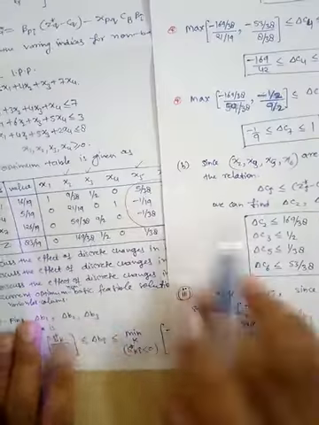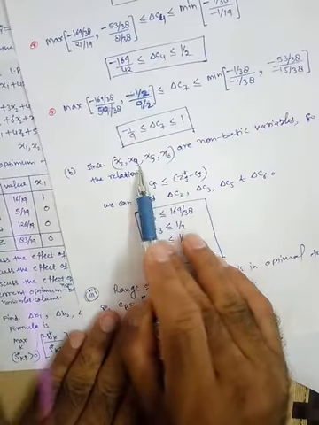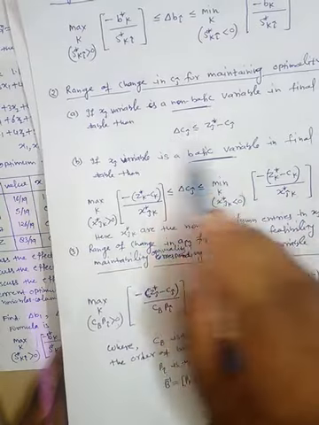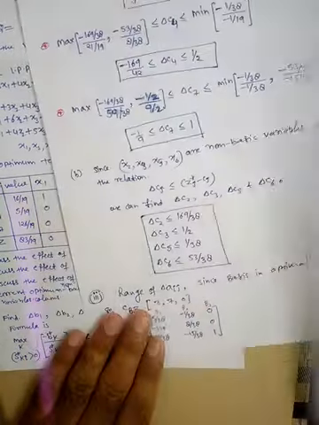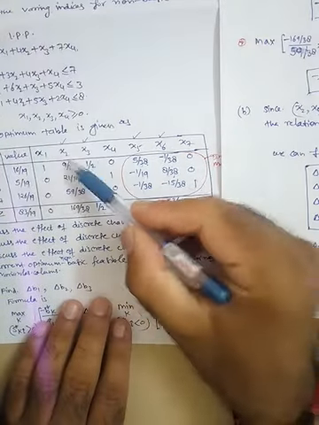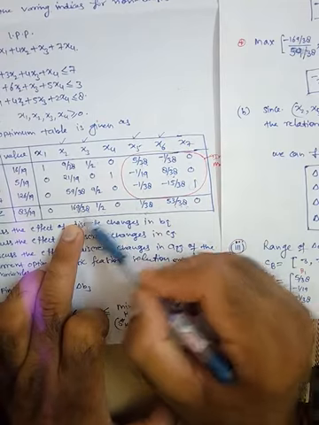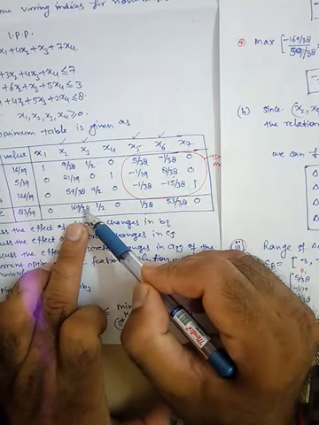Now for the non-basic variables x2, x3, x5, x6, we have to use this formula. So for delta c2, the value will be less than or equal to 169 by 38. This is z2 star minus c2.